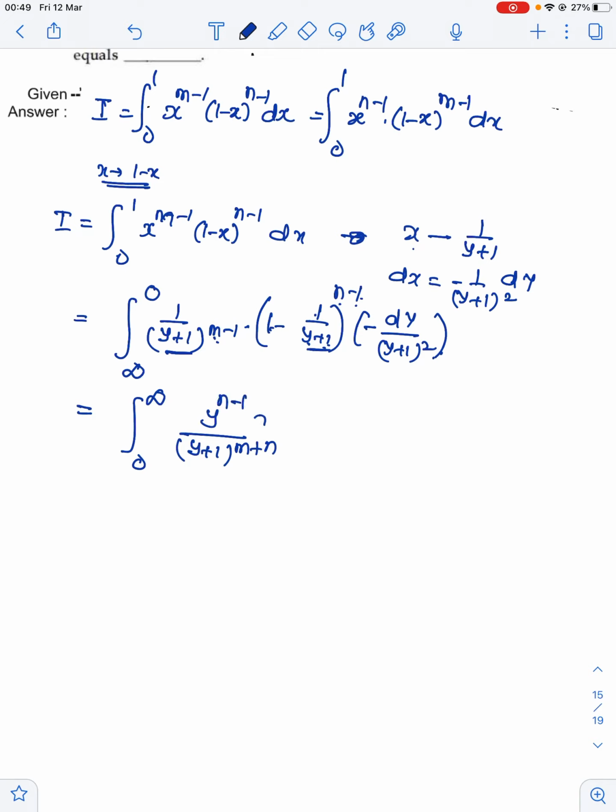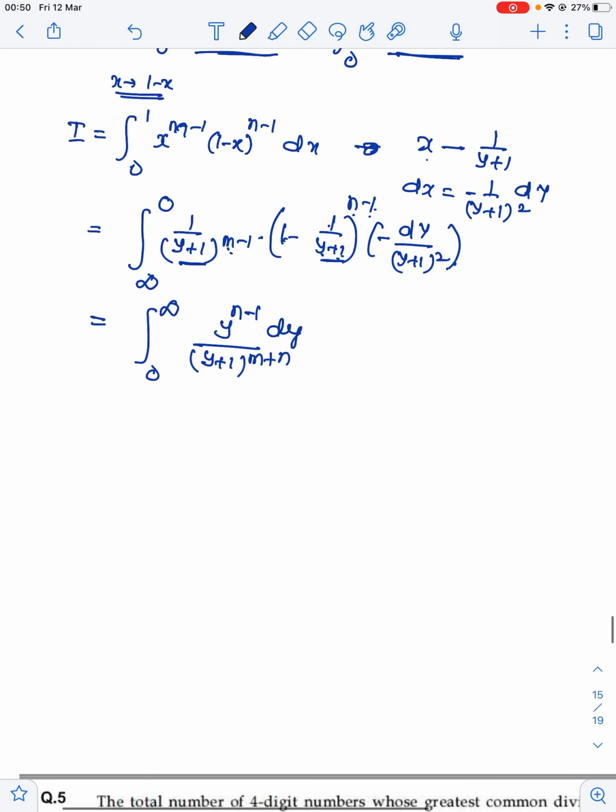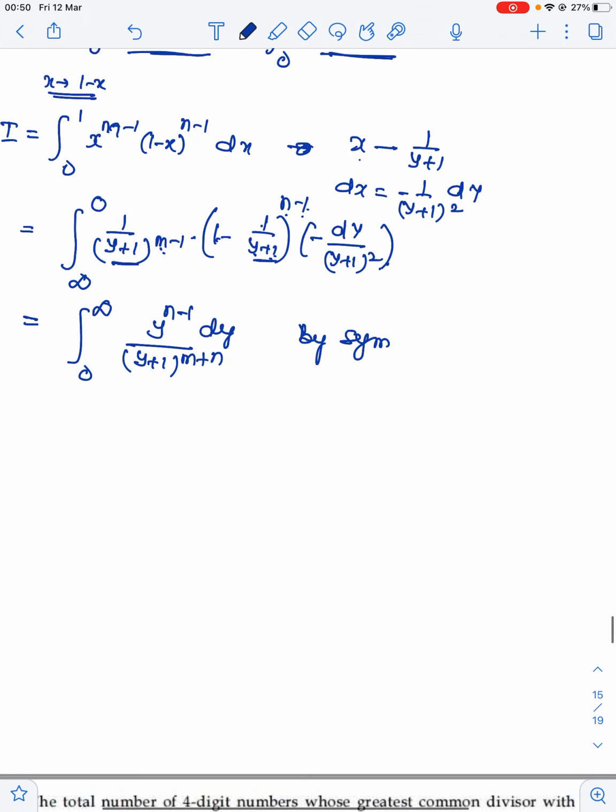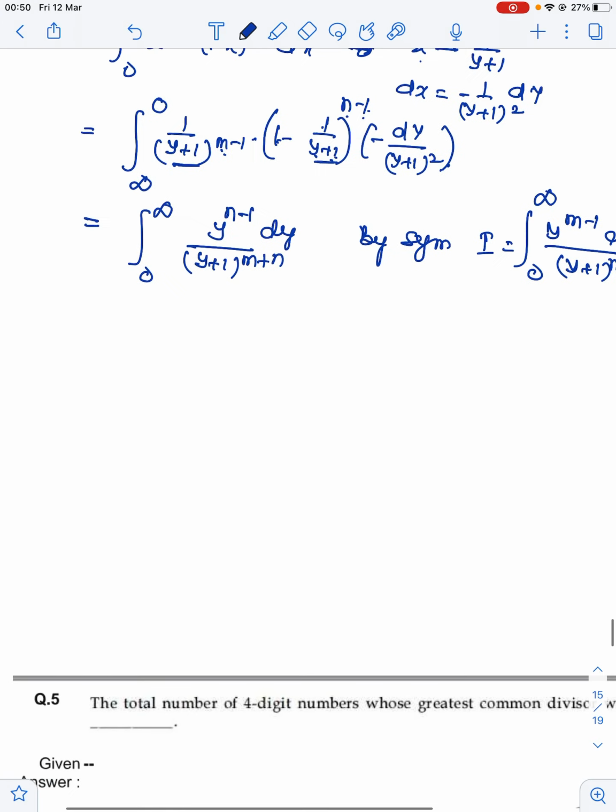So y to the power n minus 1 dy. And by symmetry, because I have taken the first portion, if I take the other one, by symmetry we can use I is equal to integral from 0 to infinity of y to the power m minus 1 dy upon (y plus 1) to the power m plus n.